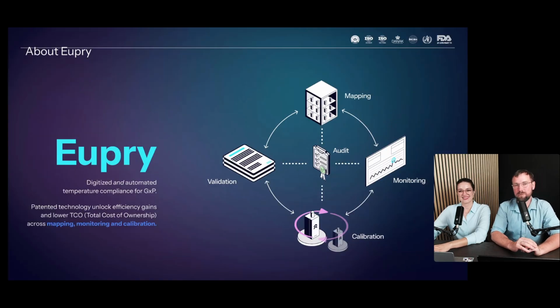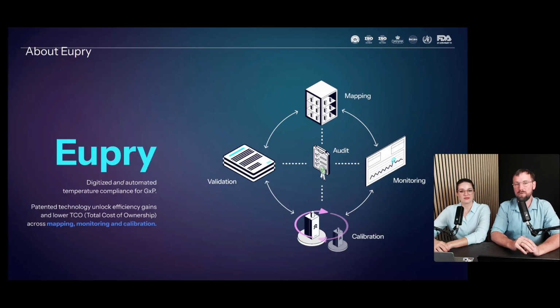Just a very brief introduction why we're here today to talk about temperature mapping. We are GxP. We digitalize and automate a lot of the tasks surrounding being able to pass an audit in terms of temperature compliance. So we deal with temperature monitoring and humidity monitoring, CO2, differential pressure. We deal with calibration.